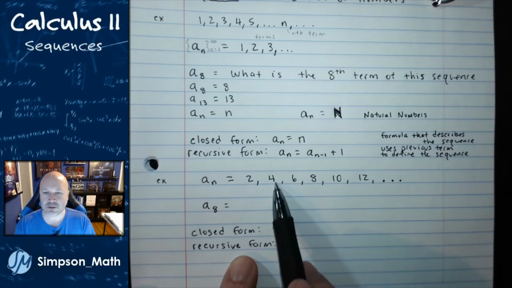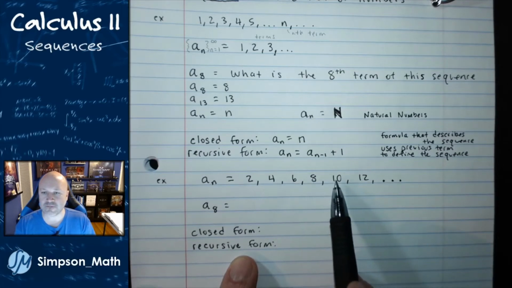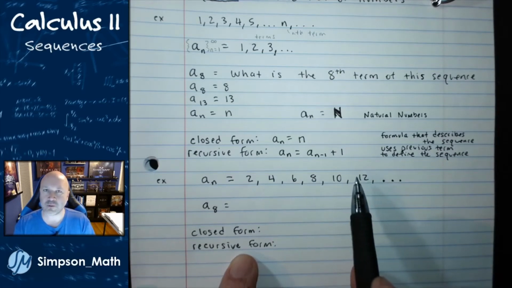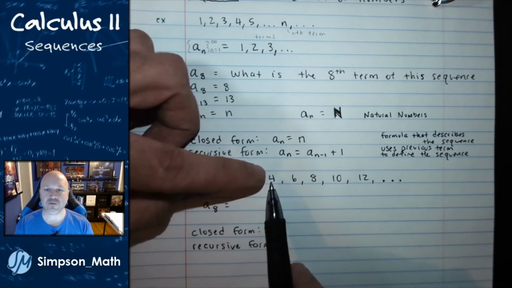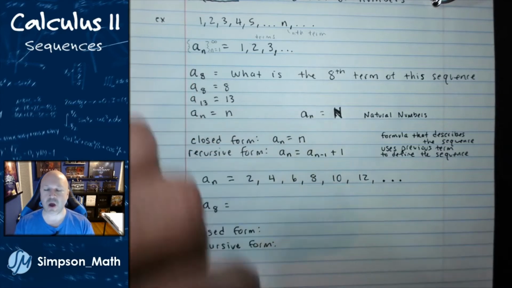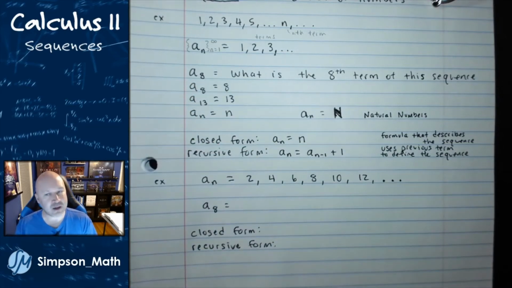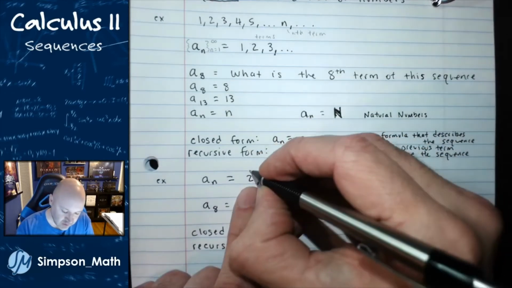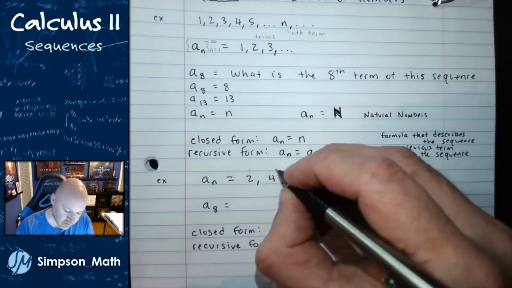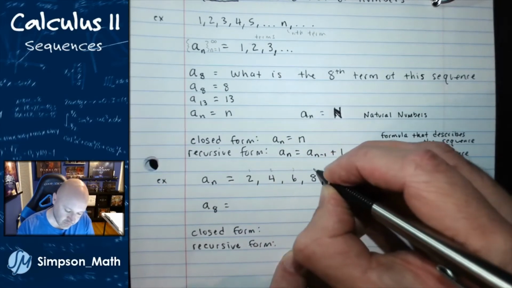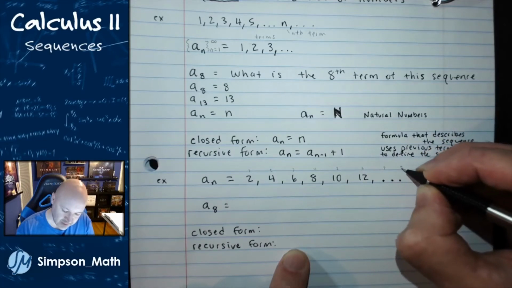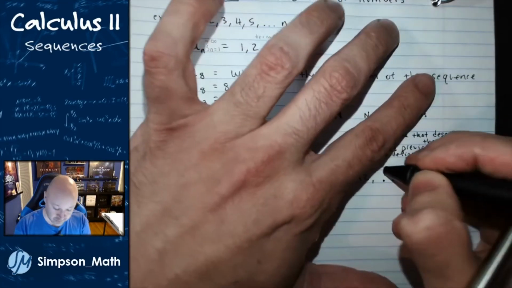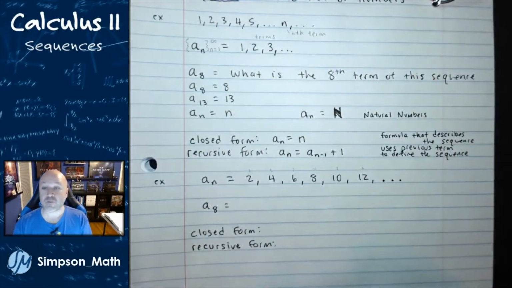Well, this is 1, 2, 3, 4, 5, 6. Now, notice what I'm doing there. I'm thinking of 2 as the first term. I'm thinking of 4 as the second term, and so on. What I'm doing there is something I'll talk about in more detail in a little bit, but I'm indexing this sequence. This is the second, third, fourth, fifth, sixth, seventh, eighth, and so on.